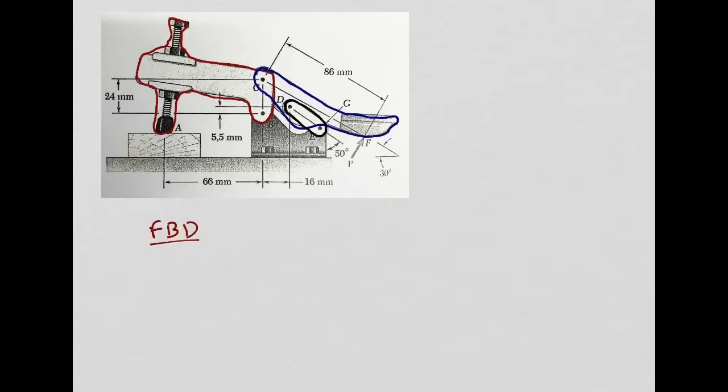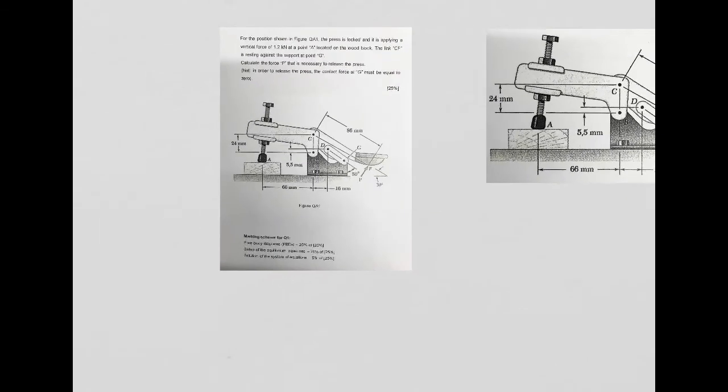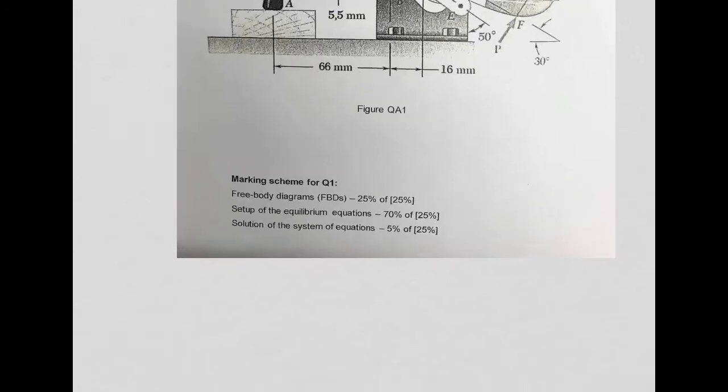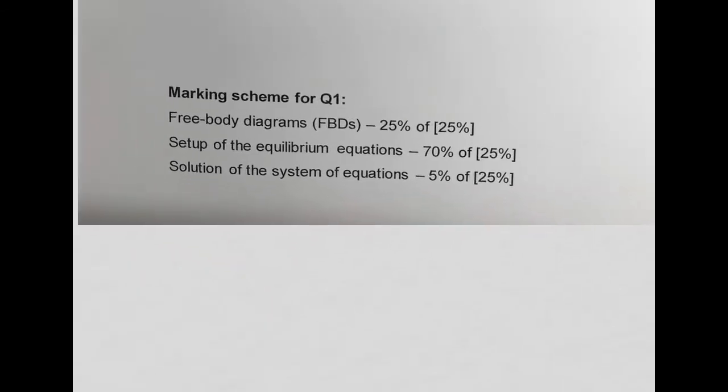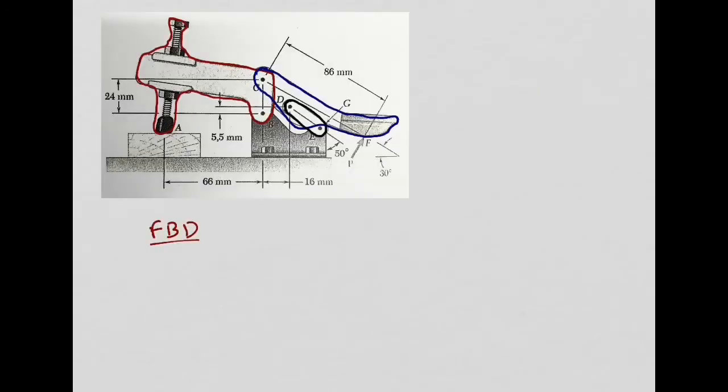And this is a key thing in this kind of problems. Look at the question in the exam. Here at the end in the exam, I gave you the marking scheme: the construction of the free body diagram is 25% of this question. So we really value these free body diagrams, and we want you to construct them.